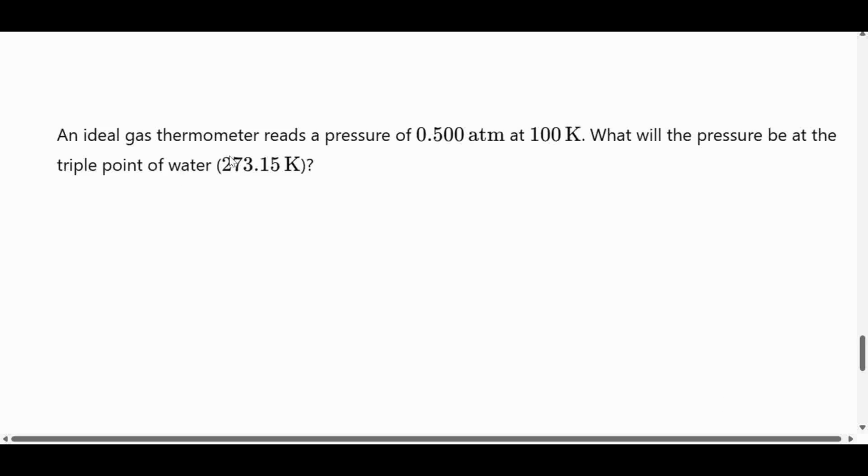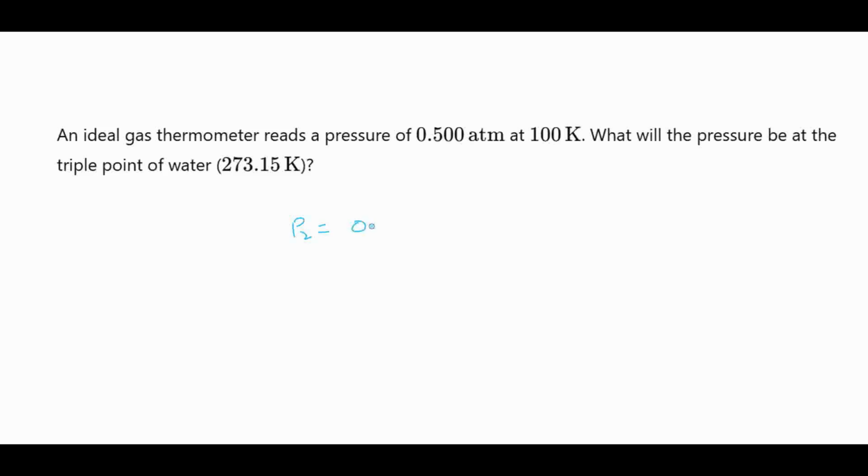So P2 is P1, which is 0.5, times T2 by T1, 273.15 by 100. So we get that respective pressure.